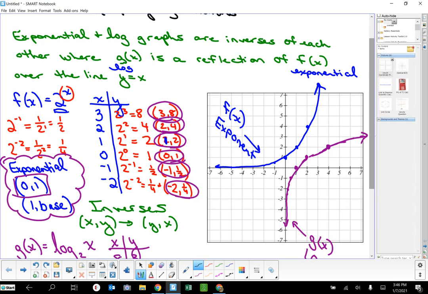I don't remember how much you remember about the line y equals x, but that's in the form y equals mx plus b, where b is 0, which means it would go through the origin. m is 1 because there's no value in front of the x, so this would have a slope of 1. And that would be a dotted line that would go that way, so we could sketch that line in.